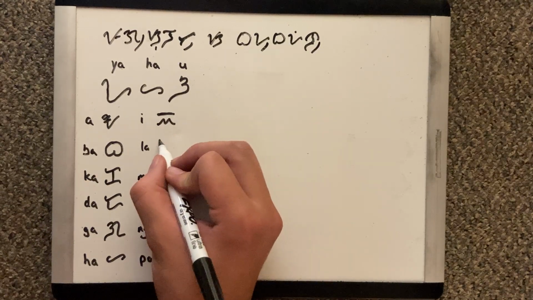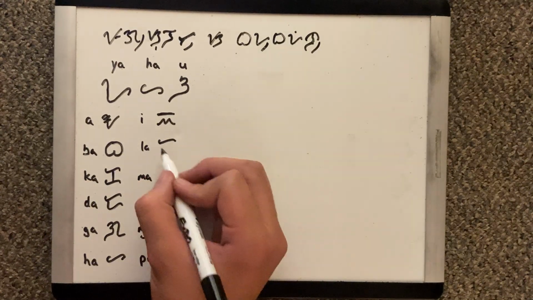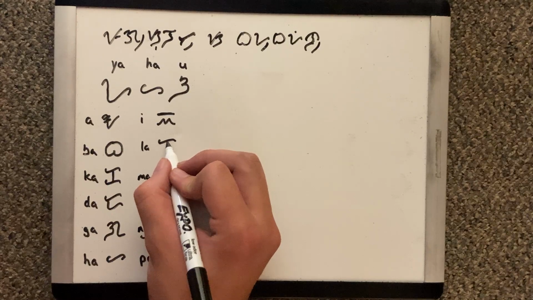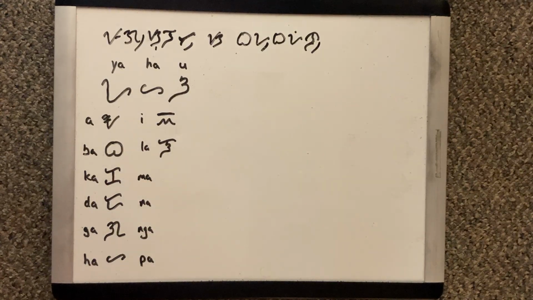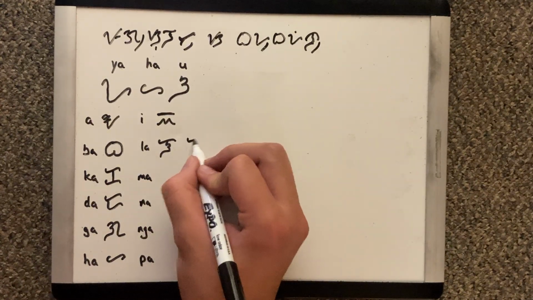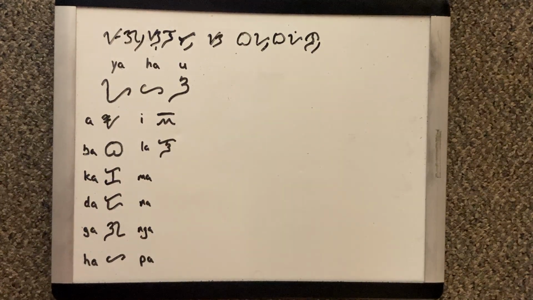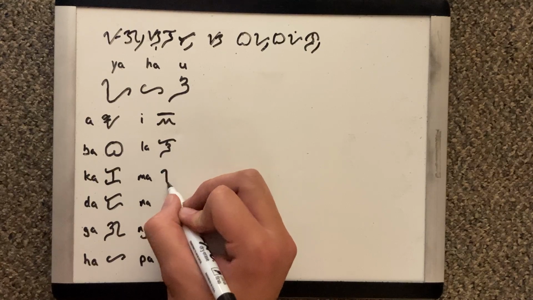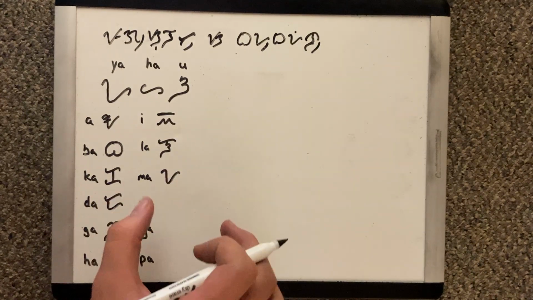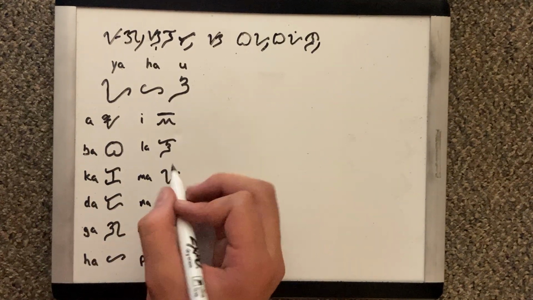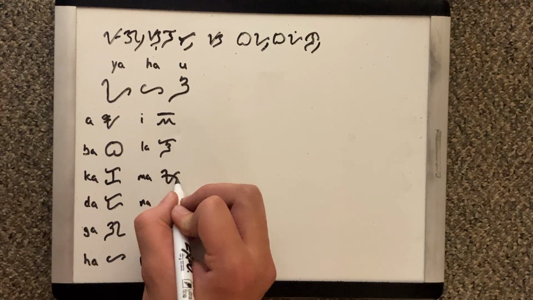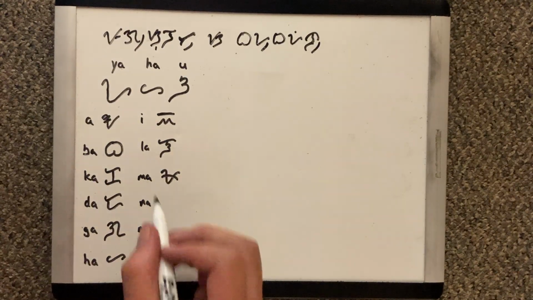For the la, you take a ha character, kind of relax it on this side, and then do a u underneath. A ha with a u underneath. The ma character, you'll take a ya, but sort of write it a little bit slanted if you can, and then a stroke that goes all the way across.